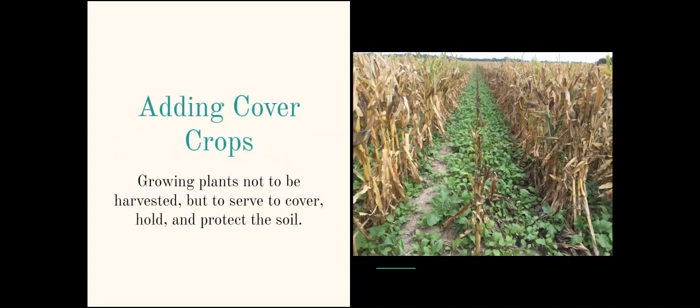And one main thing that most farmers do, and which is important for you guys to remember for the AP exam, is adding cover crops. These are plants that you are not harvesting, but you put down to cover the soil to use the roots to protect it.